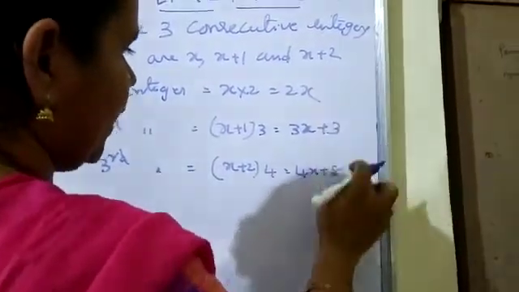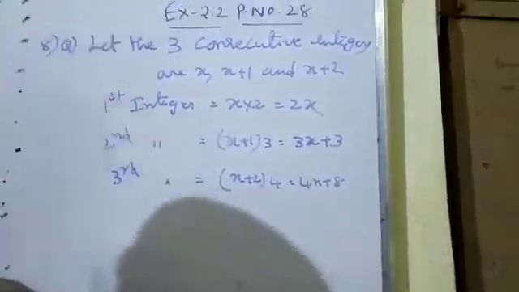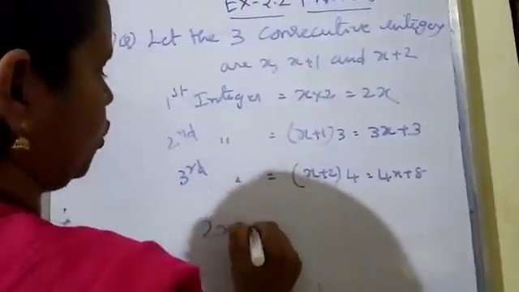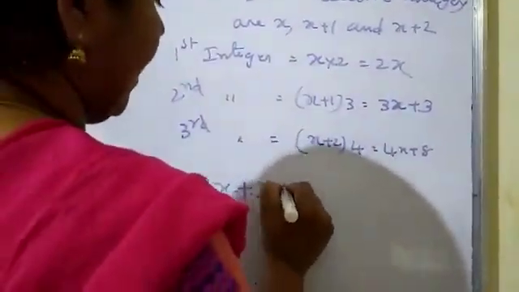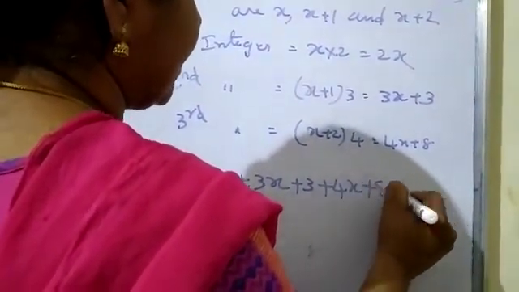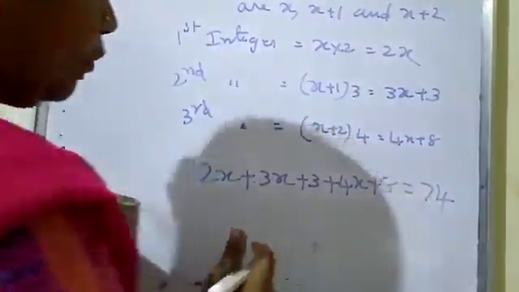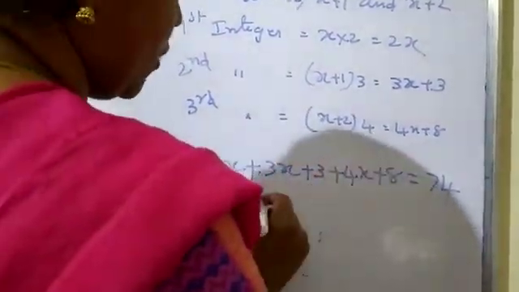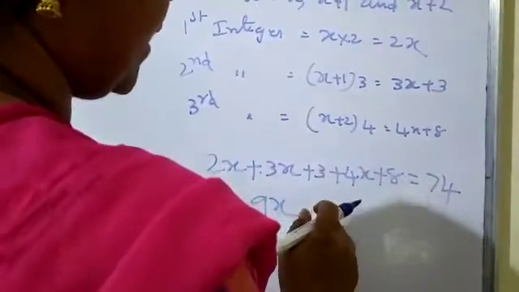So add all these, which is equal to 74. So 2x plus 3x plus 3 plus 4x plus 8 is equal to 74. So 2x plus 3x is 5x, 5x plus 4x is 9x.